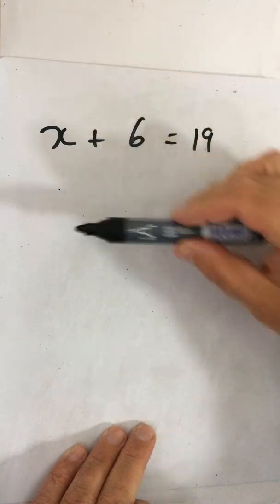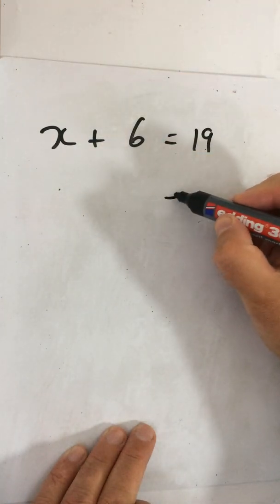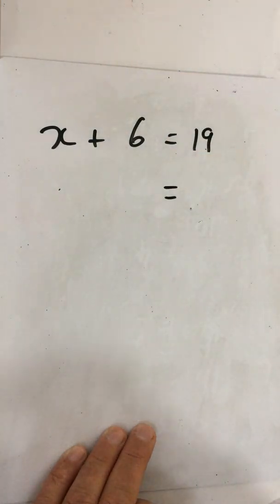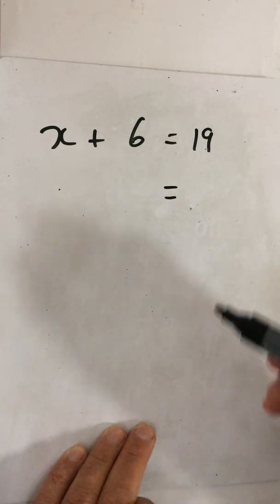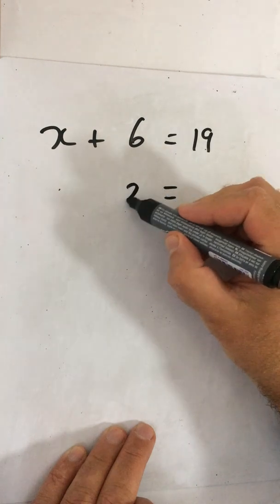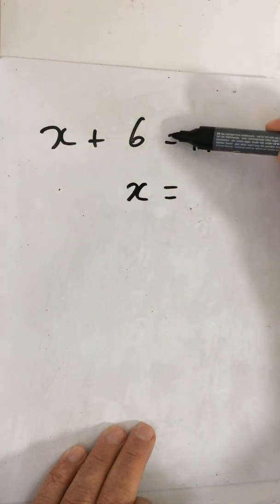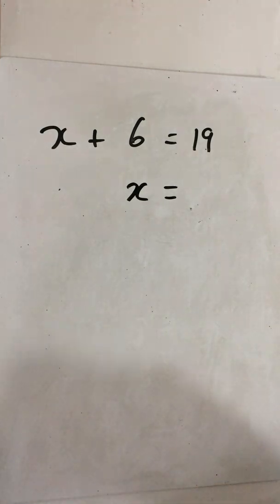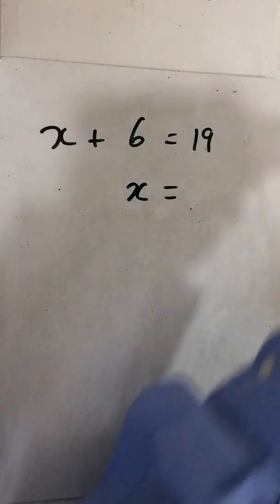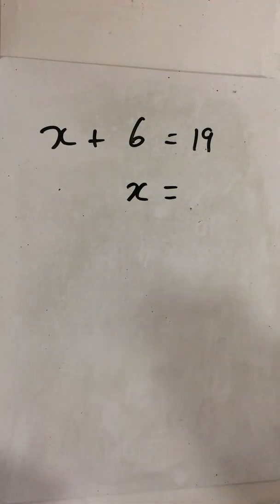Now we work downwards. Some of you, even those very good at working them out, will not set them out properly. Please set them out properly. And you notice I'm trying to keep my equal signs in line, and we want to find the value of x. The method we're using is the balance method.